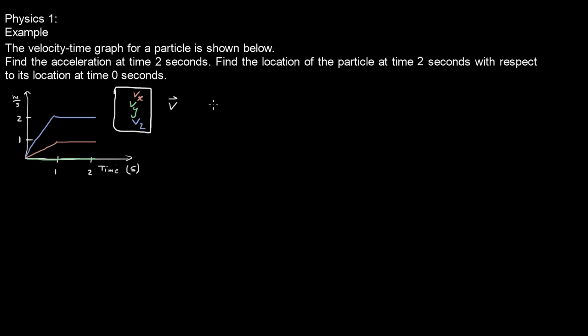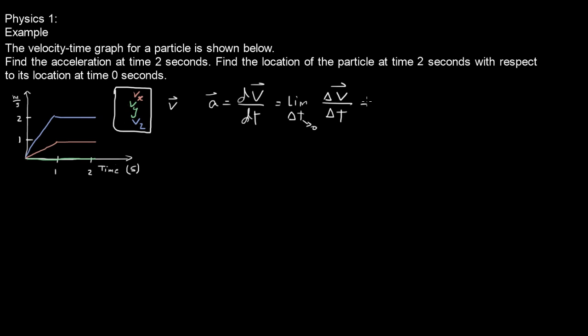So we know that acceleration is a equals dv divided by dt. It's equal to the limit of delta v vector divided by delta t when delta t goes to 0.